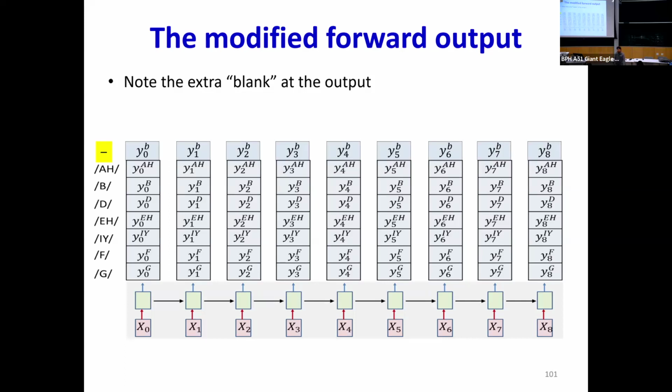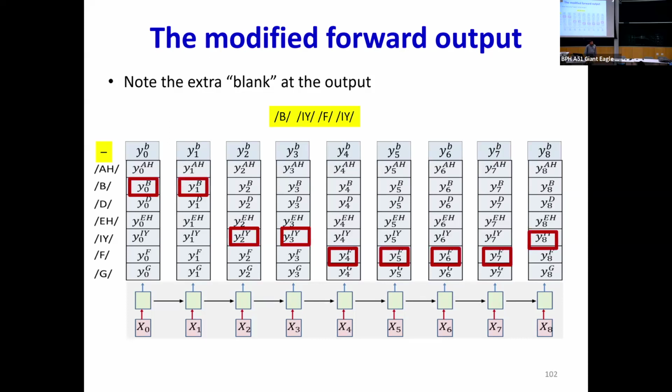So when the model outputs a probability table, it's going to be outputting probabilities not just for the symbols in the vocabulary, but also for the blank, right? And so if this is what it outputs, if I were to pick the most likely symbol at each time, for example, then this would be B, 2 B's, E, 2 F's, 4 F's, and then E, right?